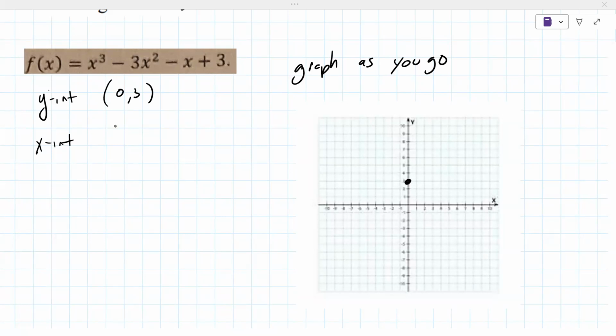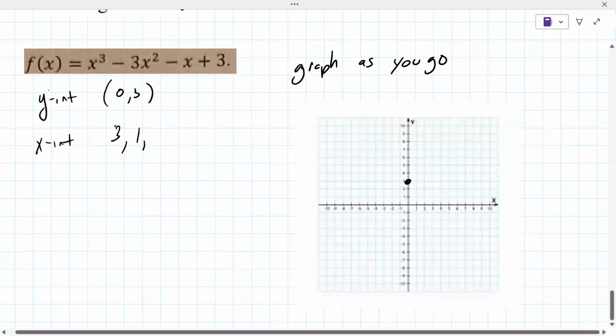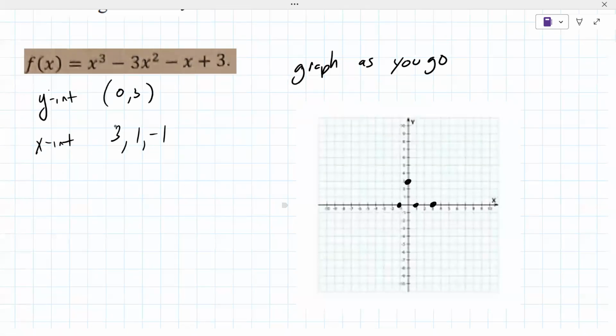Your x-intercepts were 3, 1, and -1, and that's given to me in the problem, correct? Yeah. Okay, this is what I was trying to explain to you earlier. So we mark them: (0, 3), and then 3, 1, -1, and then end behavior.